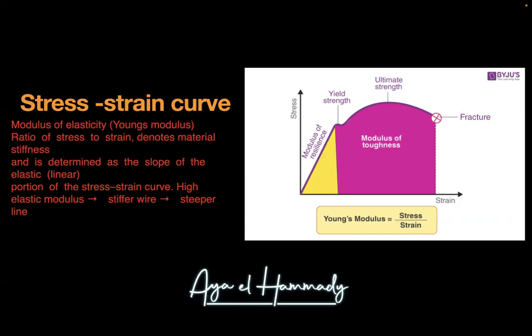It gives me the indication about the stiffness of the wire, because modulus of elasticity is stress over strain. So when I increase the stress, if it's going to handle it, it's going to be stiff. So modulus of elasticity here means the stiffness of the wire.